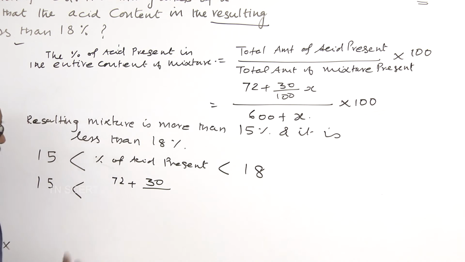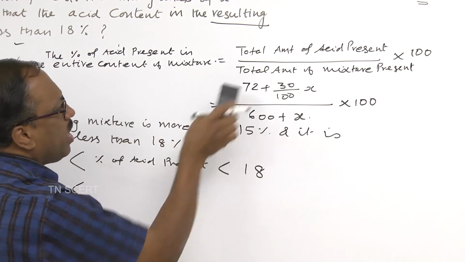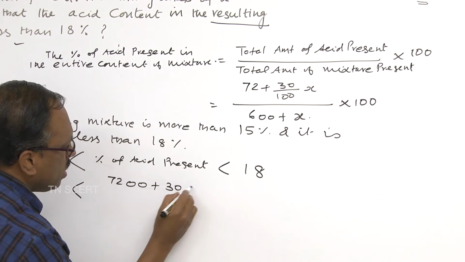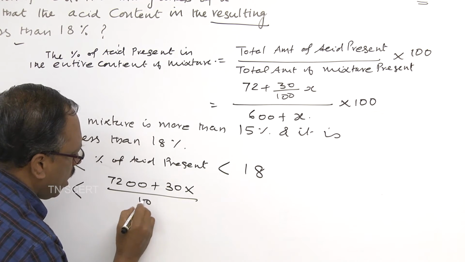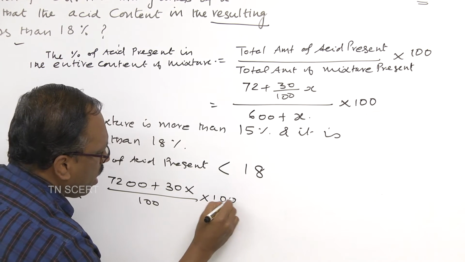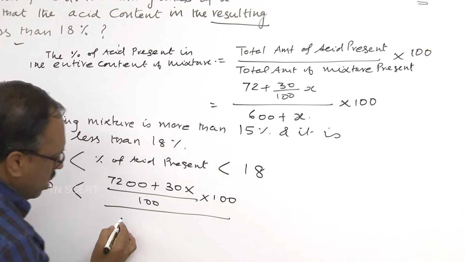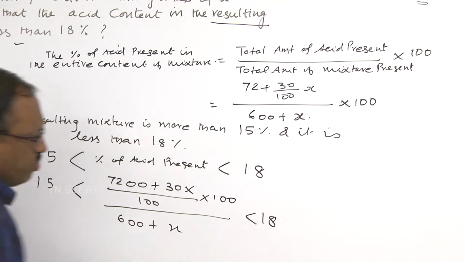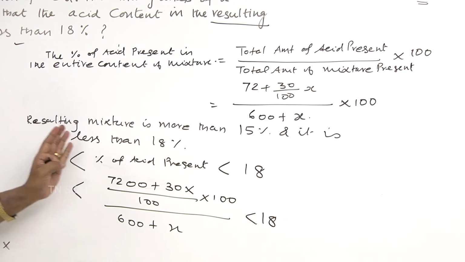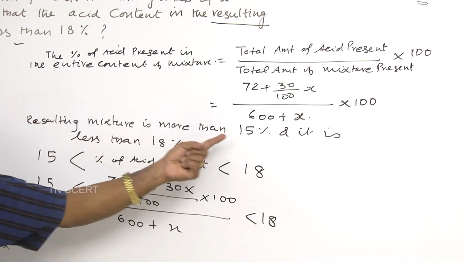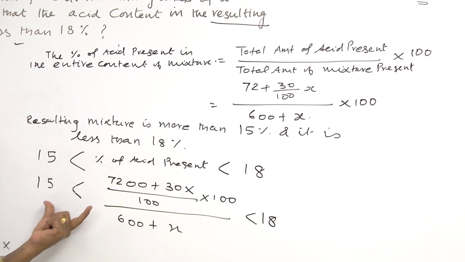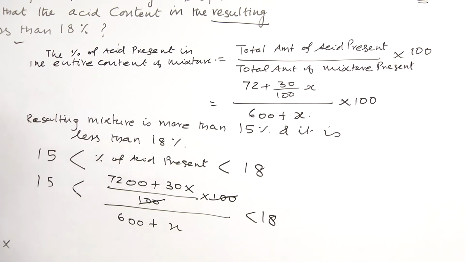Taking 100 into 72 overall, 7200 plus 30x by 100 into this 100, whole divided by 600 plus x, less than 18. This is the way we are equating. We have taken this 15 and 18% to this part. Now that 100 and 100 get cancelled.